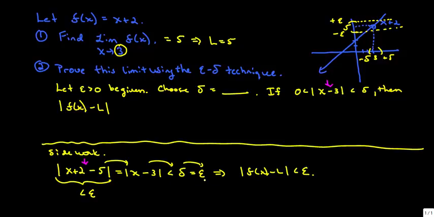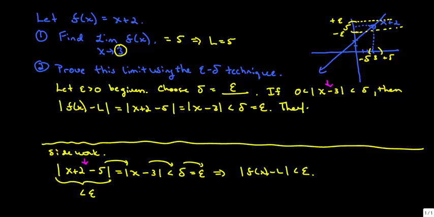So we say, let delta be epsilon. If that's the case, if we choose our delta to be equal to the epsilon that the person picked in the beginning, and if we pick an x value whose distance from 3 is less than that delta, then the absolute value of x plus 2 minus 5 is equal to the absolute value of x minus 3, which is less than delta, which is equal to epsilon.